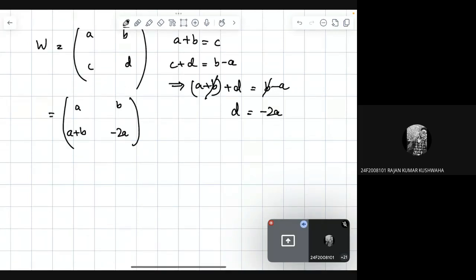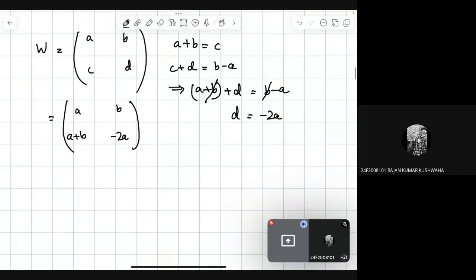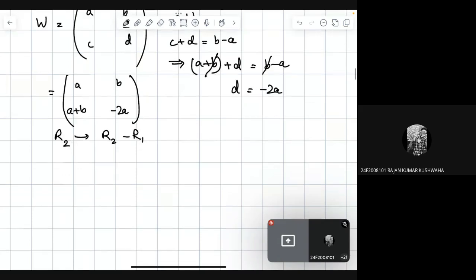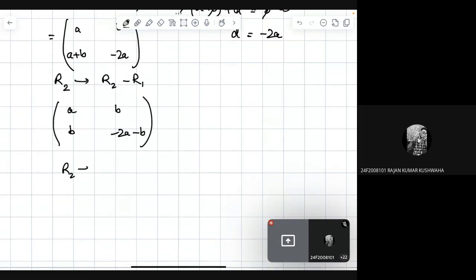And when we apply row operation to it, this is straightforward, so I'm not really explaining the row operation.